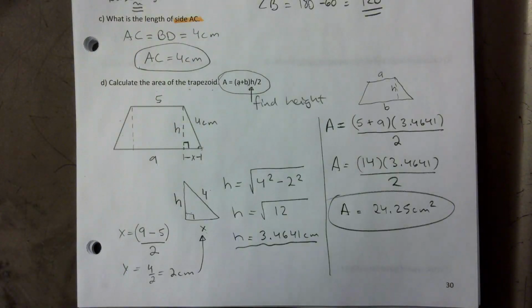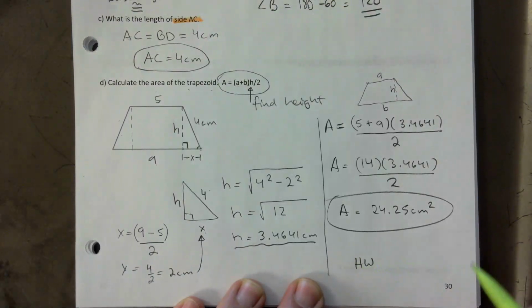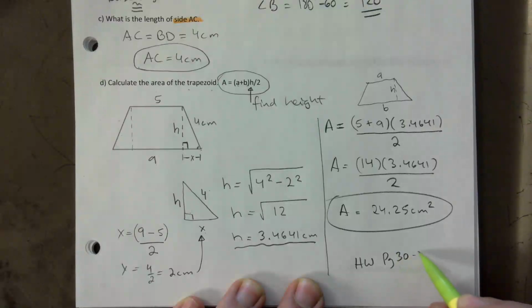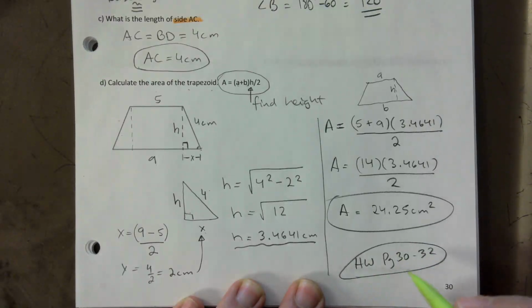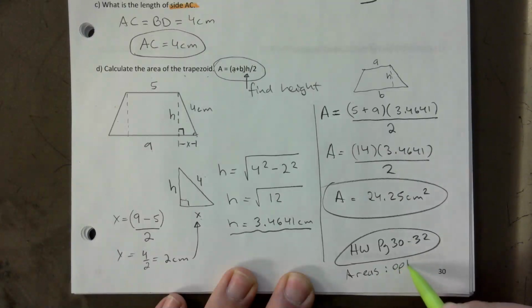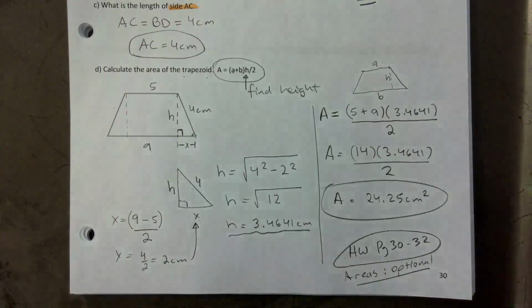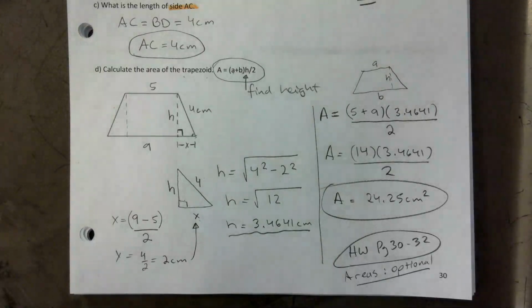I'm going to ask you to work all the way to page 32, and that's where we're going to end today. I will just say this, areas are optional. So whenever it's asking to find the area, you can say, you know what, I'm going to leave this for now. I'm going to focus on everything else before I do the areas, okay?